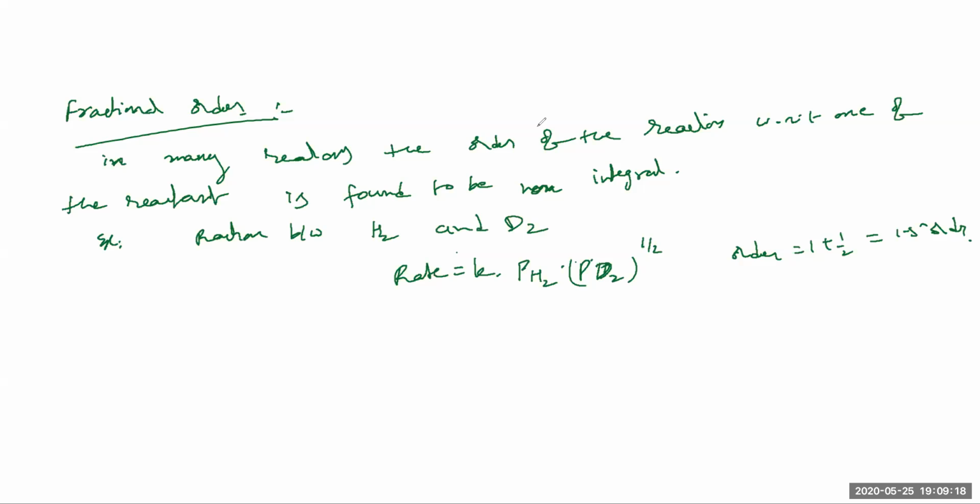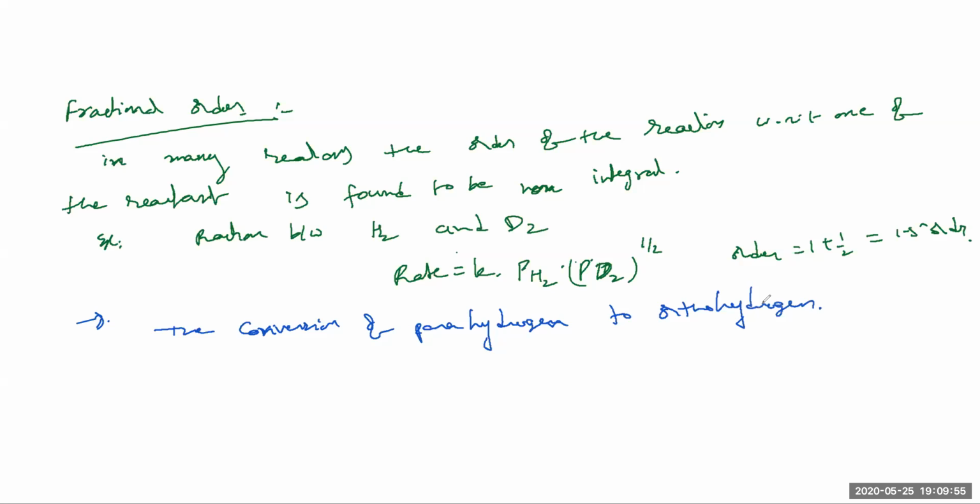Next, one more point also note down. Next example for fractional order: the conversion of parahydrogen to orthohydrogen at a high temperature.